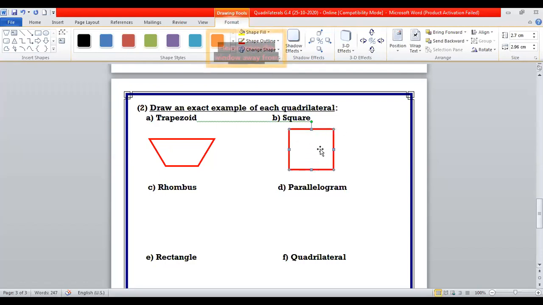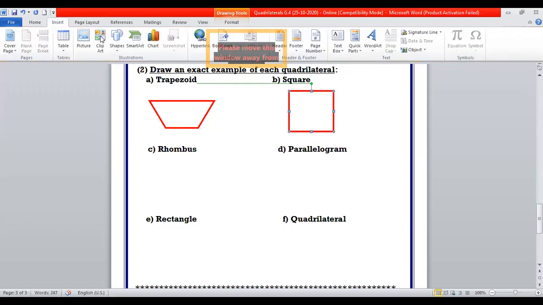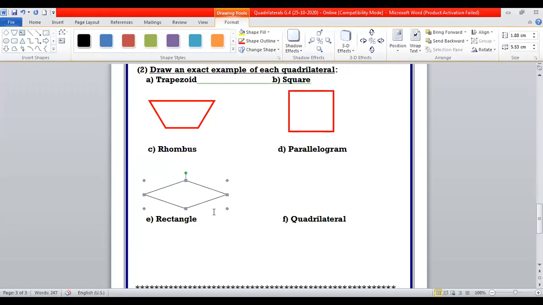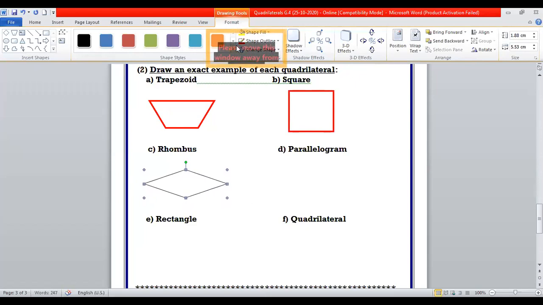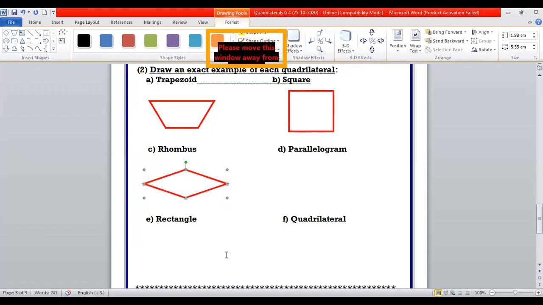Square. Okay, rhombus. This is the shape of the rhombus. This is an example for the rhombus.